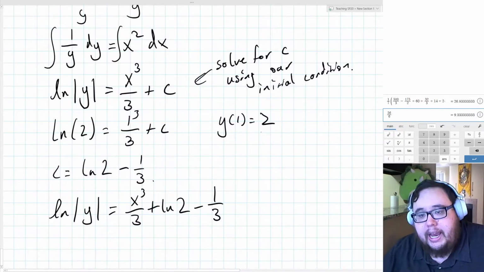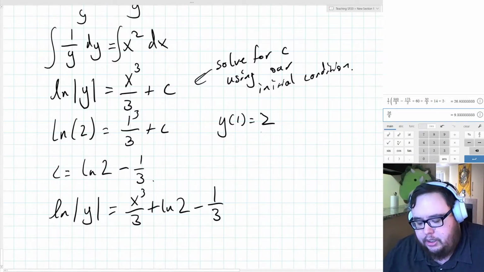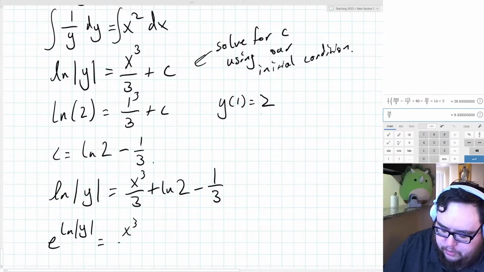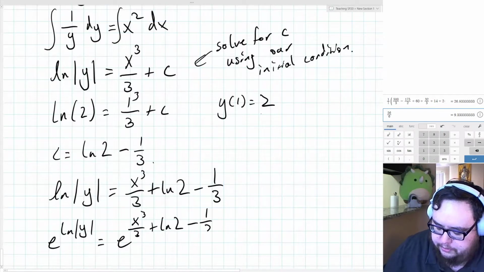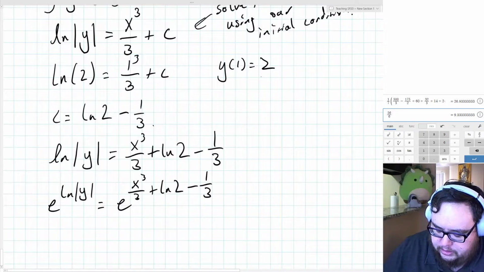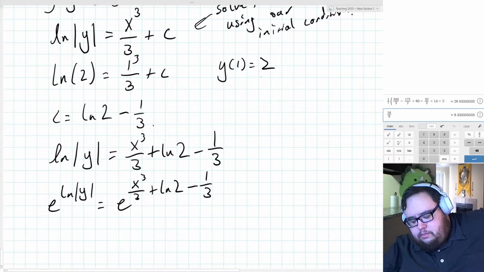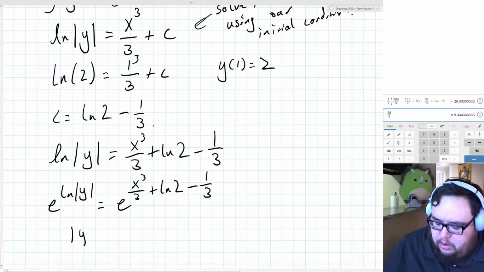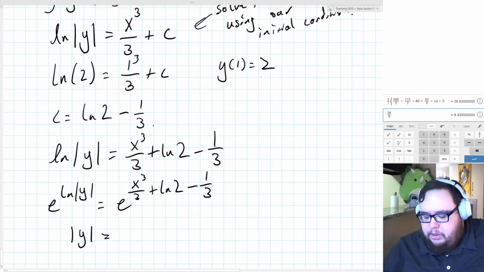Once again, to get the y out of the natural log, we should apply e to both sides. So e to the ln of the absolute value of y is equal to e to the x cubed over 3 plus ln 2 minus 1/3. The left side is just the absolute value of y.